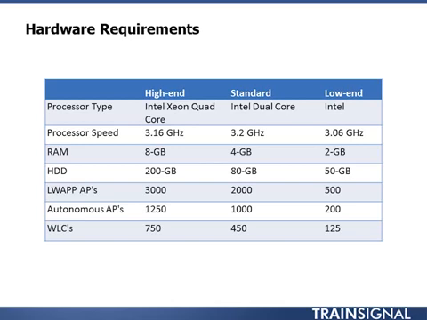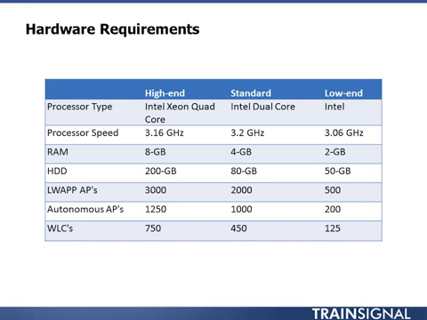You can see the processor type, processor speed, and the hardware differs depending on whether it's a high-end, standard or low-end server, but coupled with the higher-end processor and higher-end performance, you can support more access points and more wireless LAN controllers. So at the high end, you're looking at a quad-core processor, 8 gig of memory, and 200 gig of hard drive, but you can support up to 3,000 lightweight access points, 1,250 autonomous access points, and 750 wireless LAN controllers.